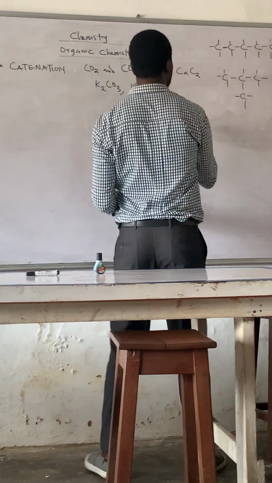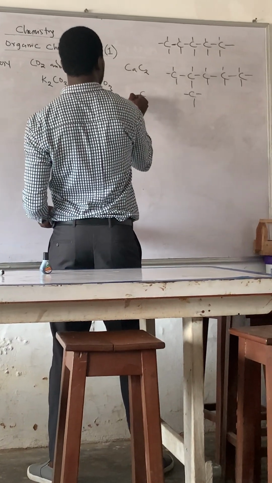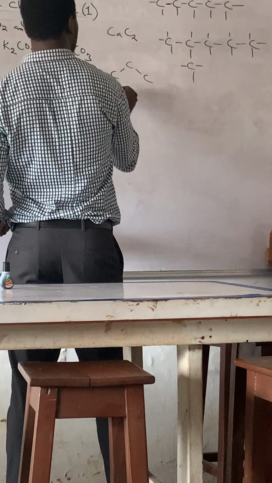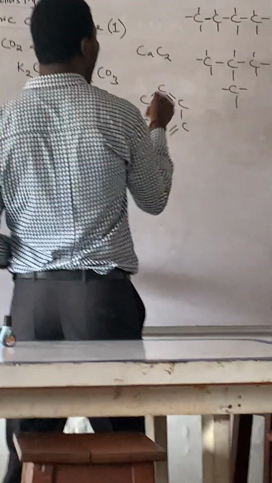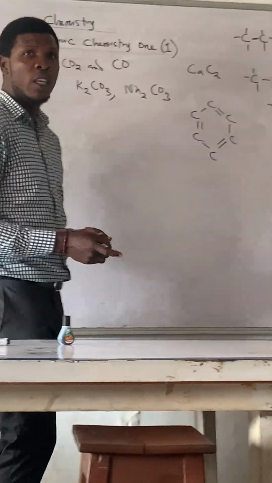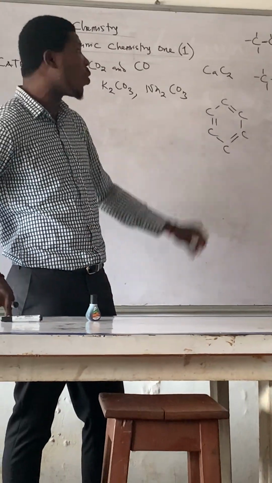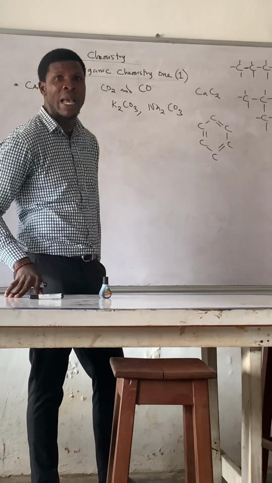Although we are going to see it when the time comes, when you see one like this, you can see that the chain is already a closed chain. This is as in the case of benzene, which is an aromatic compound. That's what we're going to look at when the time comes.